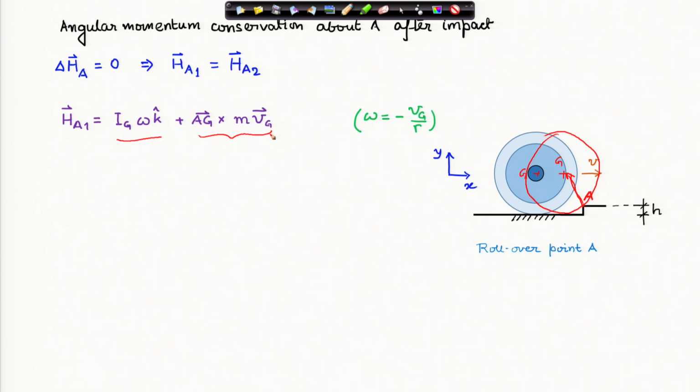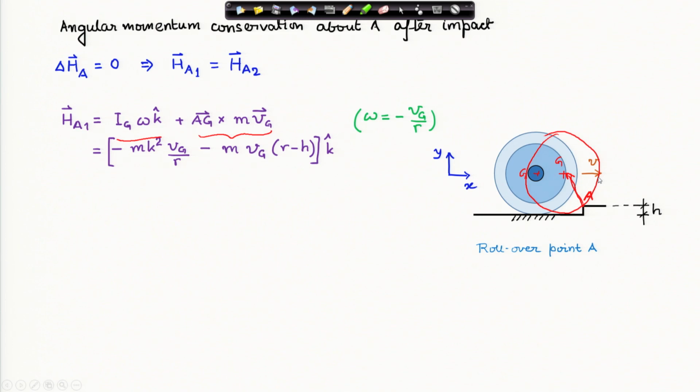That is the total angular momentum about that contact point A just before the impact, and if you plug in all these values, I g is determined in terms of the radius of gyration, and I have taken this z axis moving out of the plane of the screen.